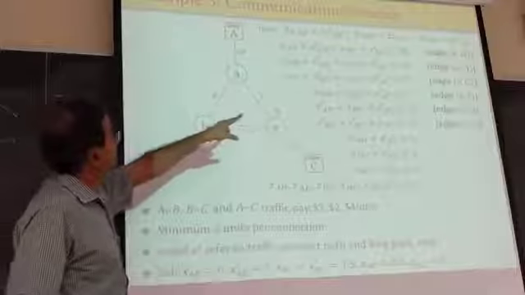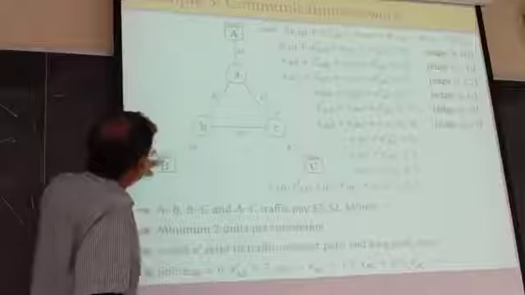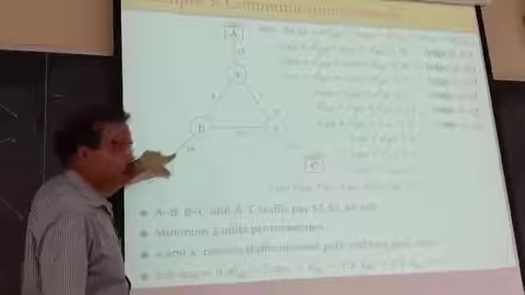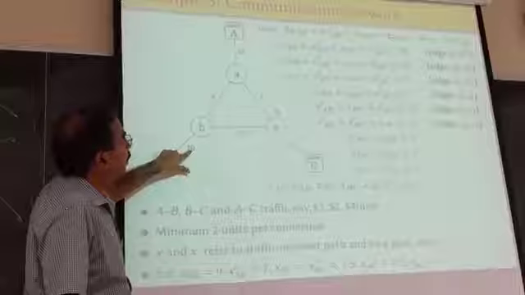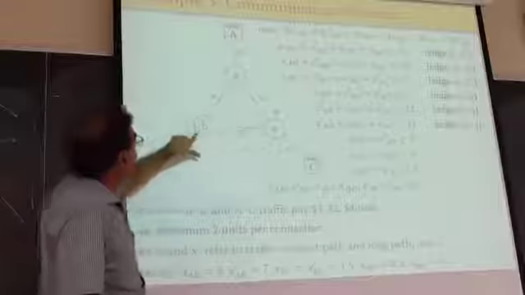For instance, whatever you are trying to send to B could be coming through here and here, right? But ultimately they have to go through this link, so they cannot be greater than 10. So that's the second equation saying XAB plus X prime AB.